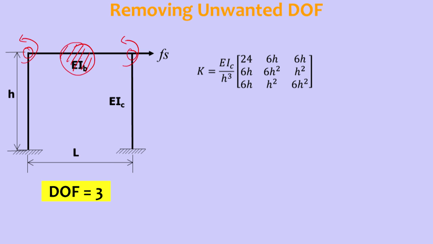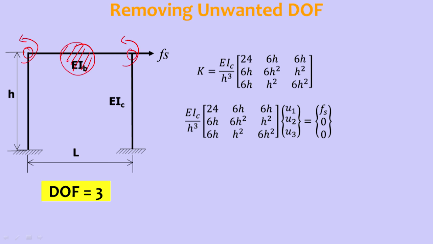So, that means the translational degree of freedom, degree of freedom 1, has mass associated with it, but degree of freedom 2 has 0 mass and degree of freedom 3 has 0 mass. So, in this situation, how do we remove unwanted degrees of freedom from the equation? That is what is required to be discussed.